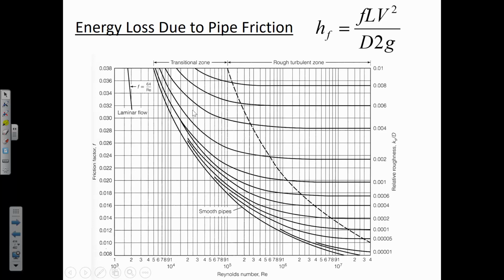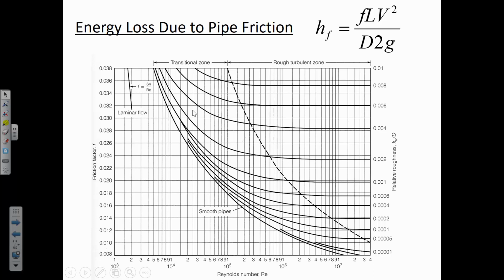And so oftentimes using this figure is an iterative process where the first thing you have to do is guess what the velocity is through the pipe. So we'd say, well, maybe it's going 2 meters per second. And so what you'd do is calculate some Reynolds number based on a guess value of the velocity.